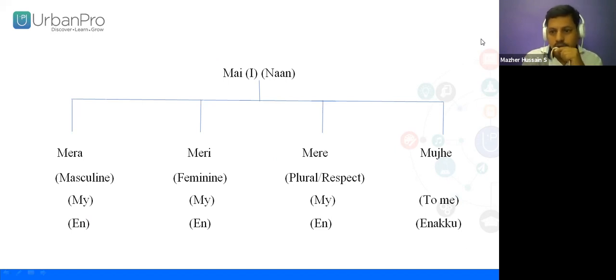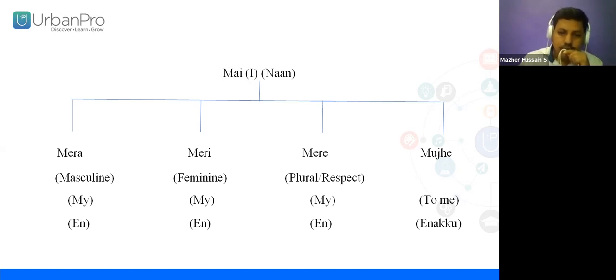Here I have given this in a tabular format. As you can see, from the word main we can derive a few words. The first word that we can derive is mera. If you translate into English, mera means my.